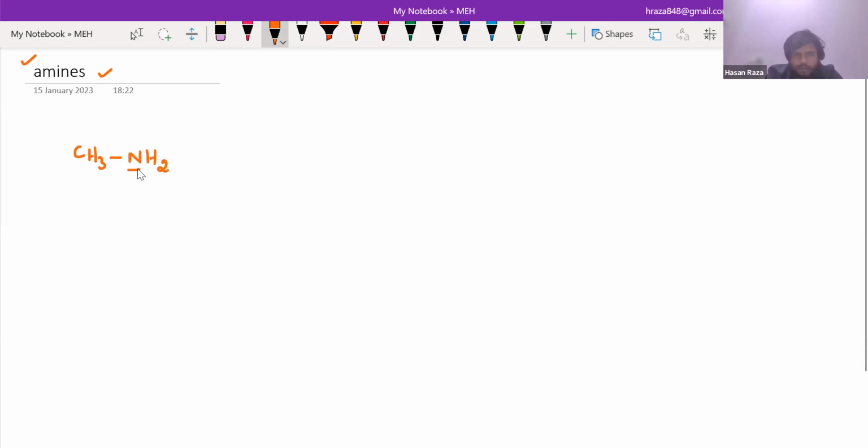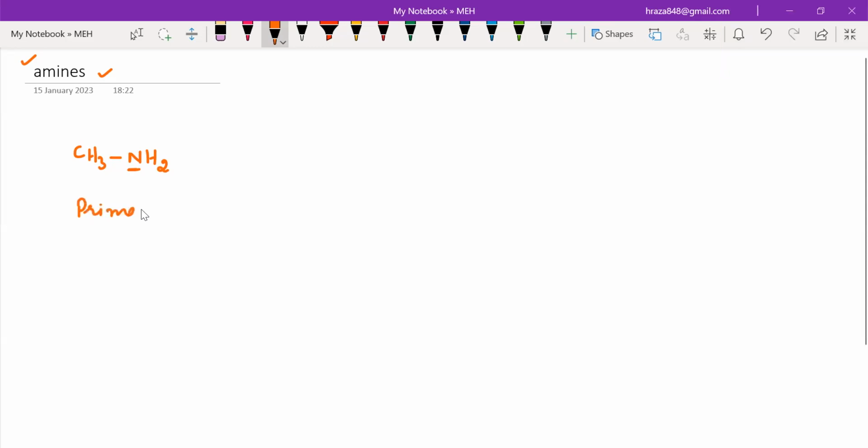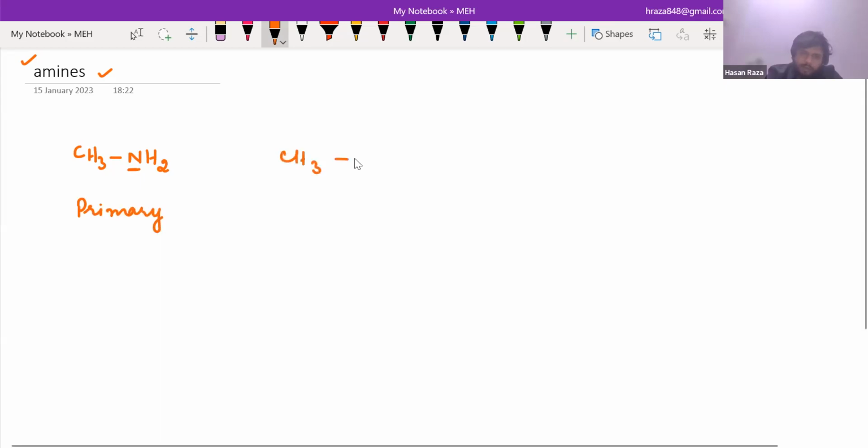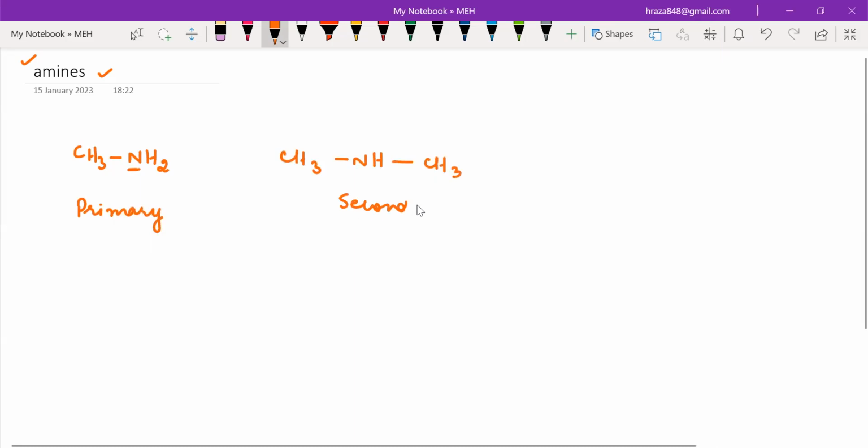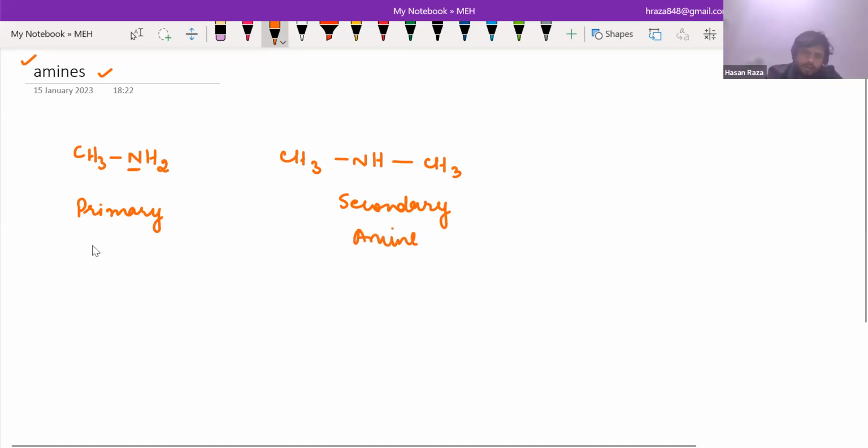If nitrogen is connected directly to only one carbon, that means it is a primary amine. And if this nitrogen is connected with two alkyl groups, that means it is a secondary amine, and this is your primary amine.